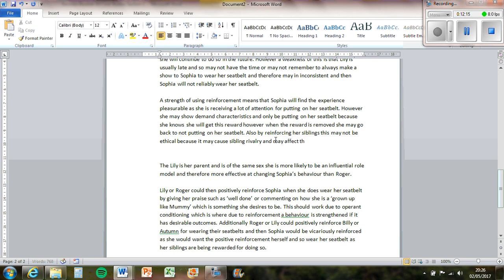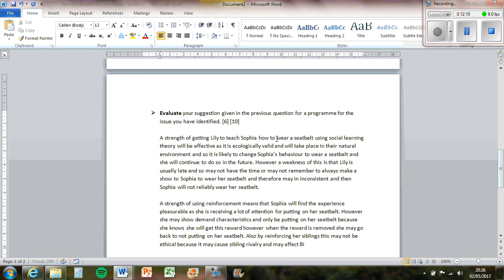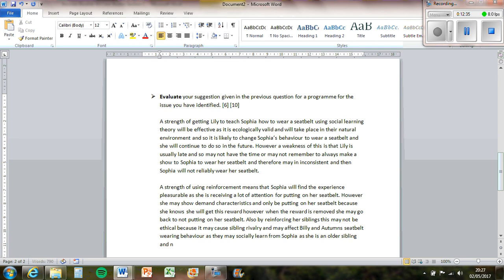And it may affect Billy and Autumn's seatbelt wearing behaviour as they may socially learn from Sophia, as she is an older sibling and nearer to their age, and so is quite similar.